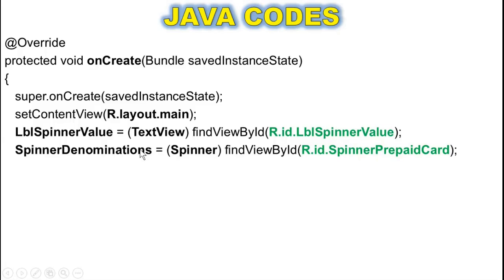I instantiated the object spinnerDenominations in this line: spinnerDenominations is equal to the data type casting Spinner class, the method call findViewById, and then the argument R.id.spinnerPrepaidCard.